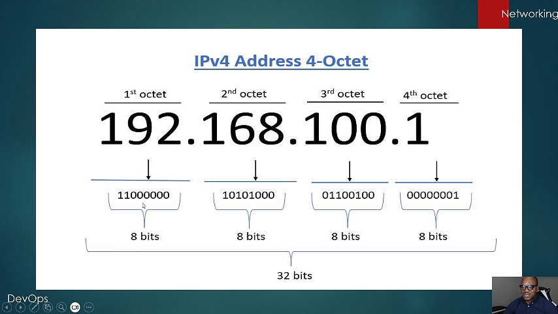You can see this is the binary representation of this 192, and it is 8 bits. This is the binary representation of this second octet, also 8 bits. This is the binary representation of this 100, and it also has 8 bits. So 8 bits in 4 places, you have 32 bits. That's why we say it's a 32-bit address.